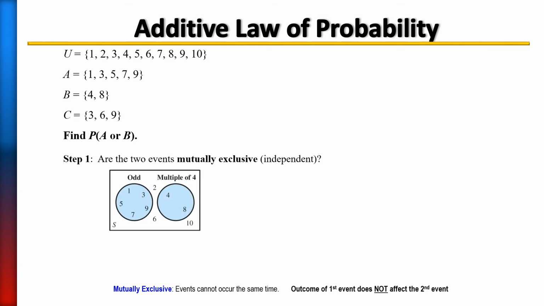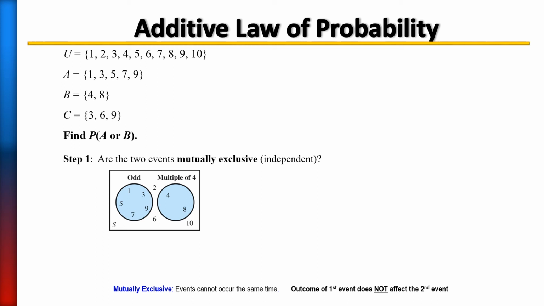Well, if you take a look at one, you have all of your odd numbers. The other, you have 4 and 8. And there are no odd numbers that contain 4 or 8. So these 2 events are what we call mutually exclusive.